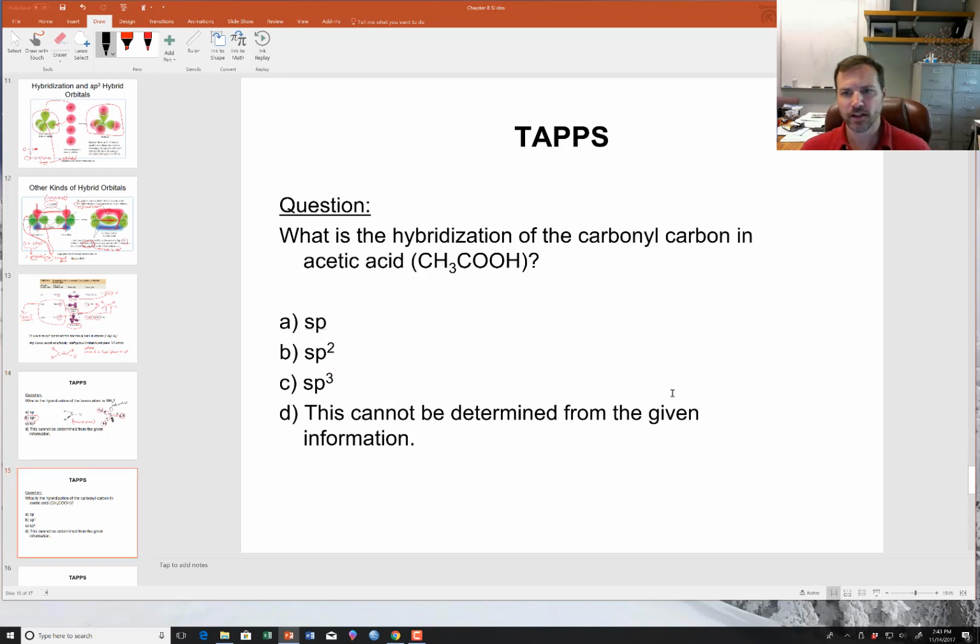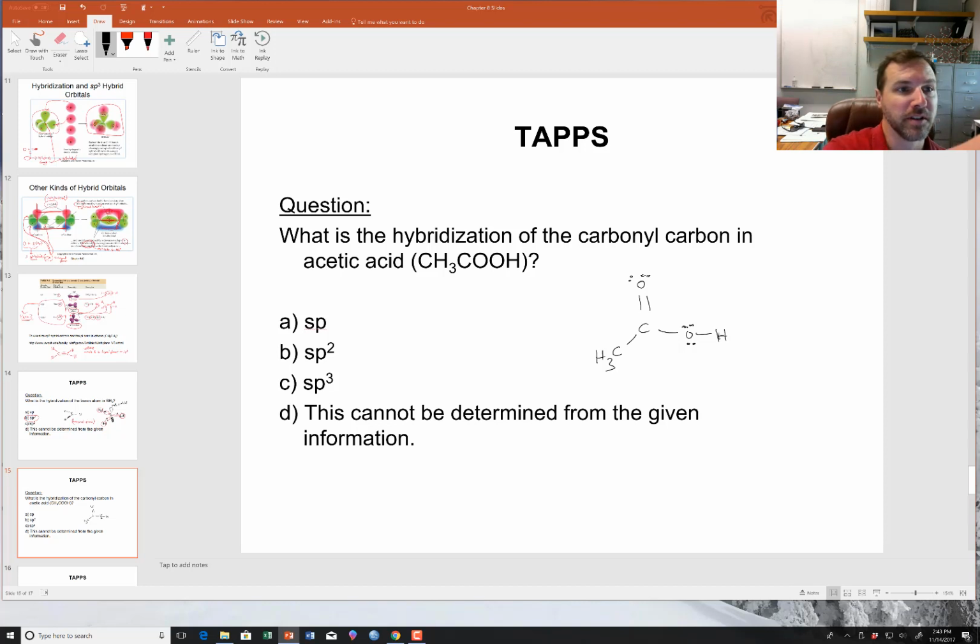And then for the second example, I wanted to draw this molecule. So this was the bonus question at the end of lecture. So that's the Lewis structure for acetic acid.